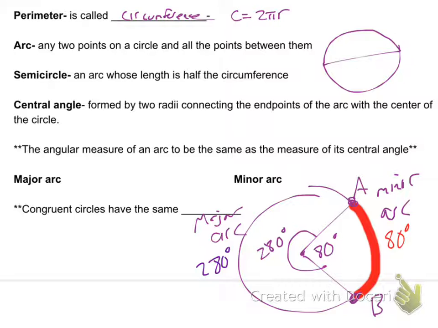And of course, the last thing here, guys. If we take a look at this diagram and I say that it has a radius of 10 inches, or 10 units long, and I draw another circle with the radius of 10, what do we say those two circles are? Congruent. Because they have the same radius.